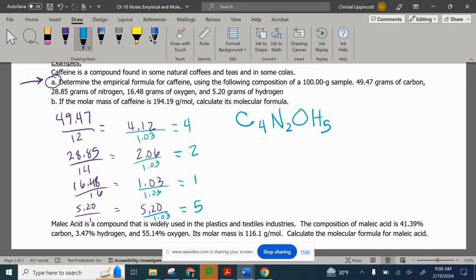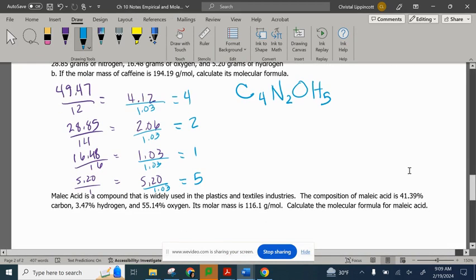Okay. So, in order to find the molecular formula for this caffeine, we are going to add these up and determine what the molecular mass of the empirical is.